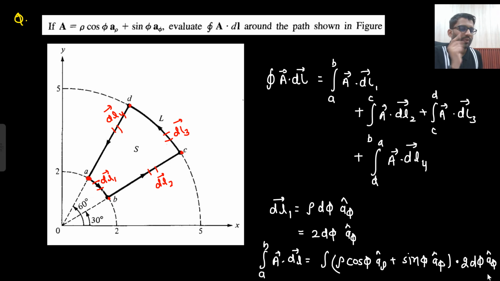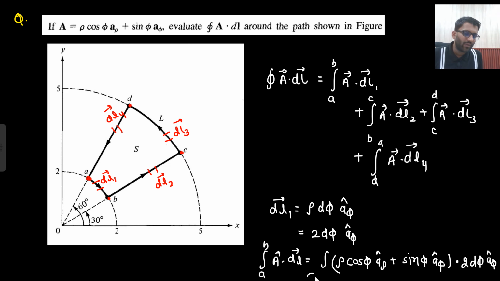So first solve the dot product. A phi dot a phi will be 1. A phi dot a rho will be 0. Again, a rho dot a phi will be 0. So only I need to consider this sin term. This term will be gone to 0. So what I am getting? 2 sin phi d phi.